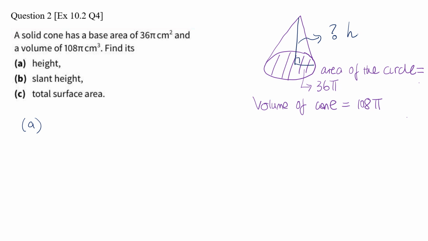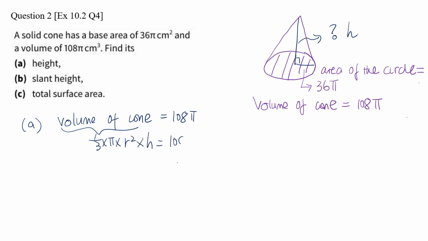The formula is 1/3 times base area times height. Only the volume has the height there. So you will have to use this. And this is 1/3 times pi times r squared times height. Okay, and then you can cancel.